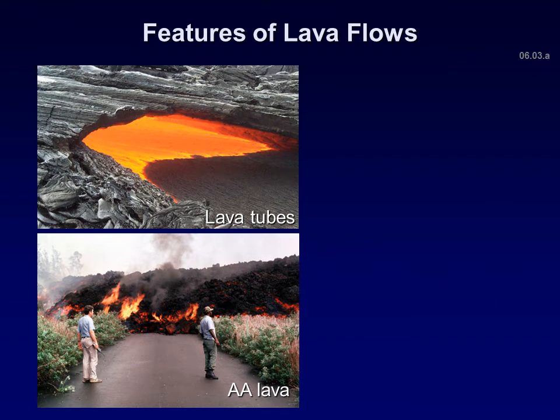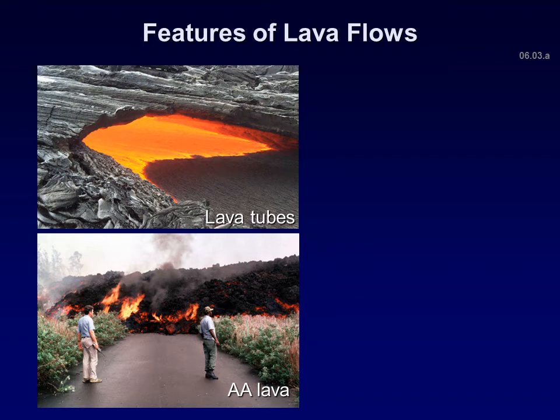It is a very chunky, steep slope forming lava, and that is a Hawaiian name. And the way that I remember that name is that if I were walking over it, because it's very angular and sharp, I would go ouch as I walked over it, right?